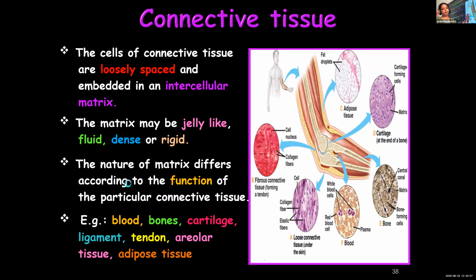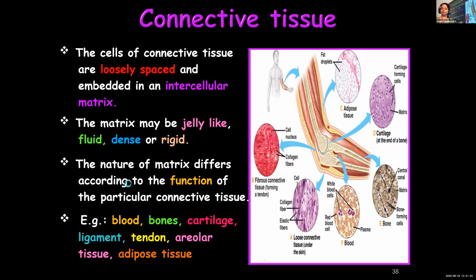Now just be familiar with the names. Details you will be learning: where they are present, what is their nature, what function they perform. First one is blood, then bone and cartilage, tendon and ligament, areolar and adipose tissue.